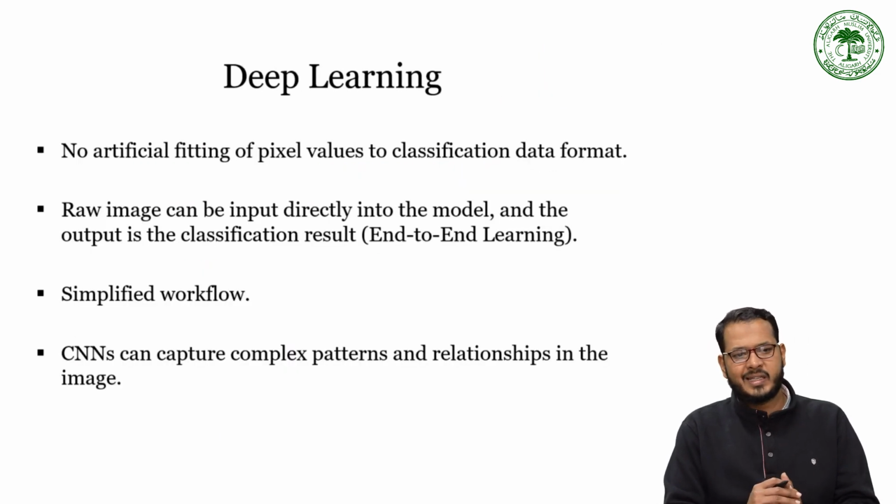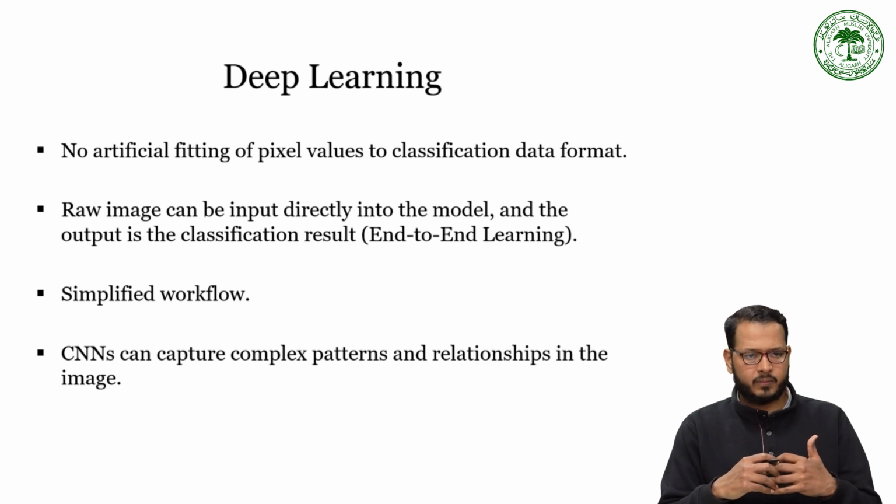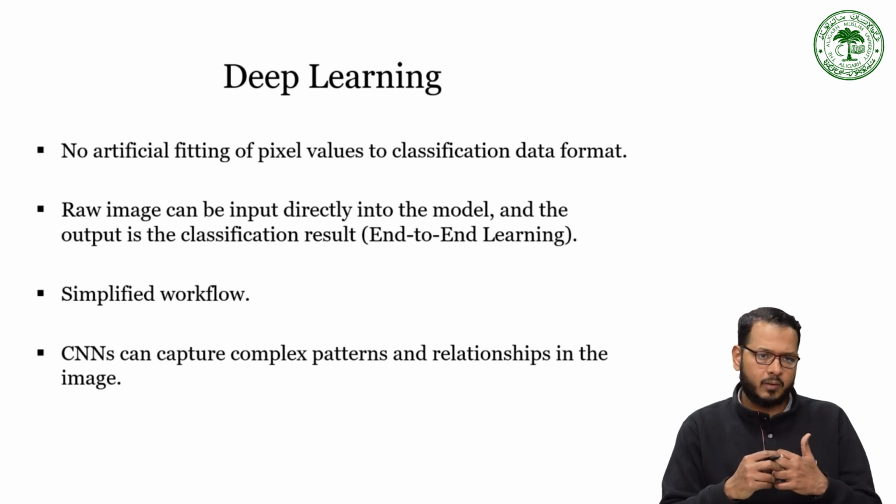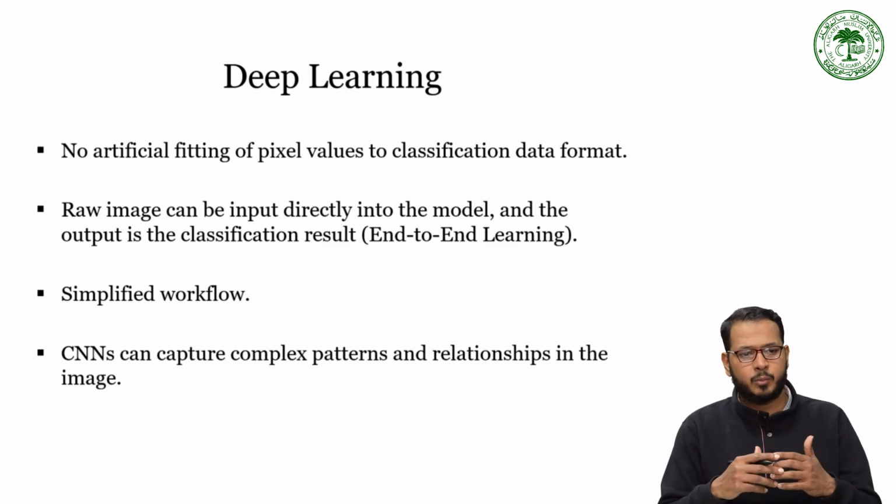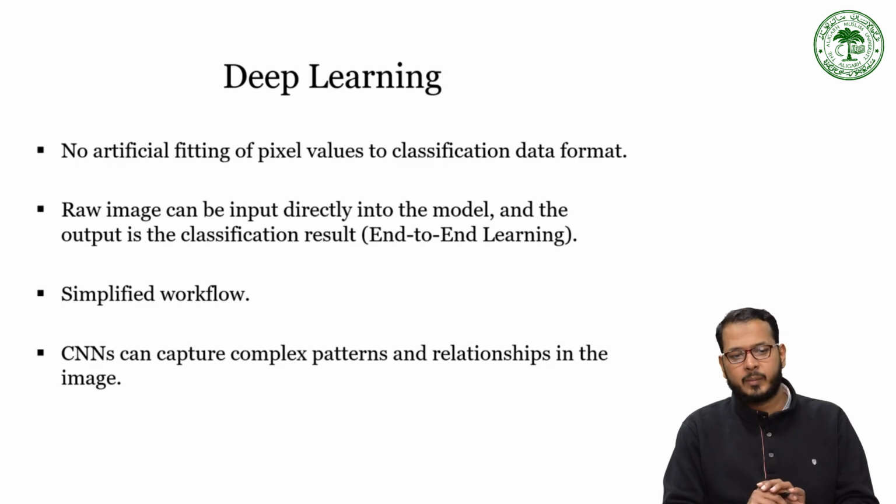However, in the case of deep learning, we do not artificially feed pixel values to classification data format as we have done previously. Rather, we take the raw image of a dog or some other animal as the input directly into the deep learning model, and the output is the classification result.